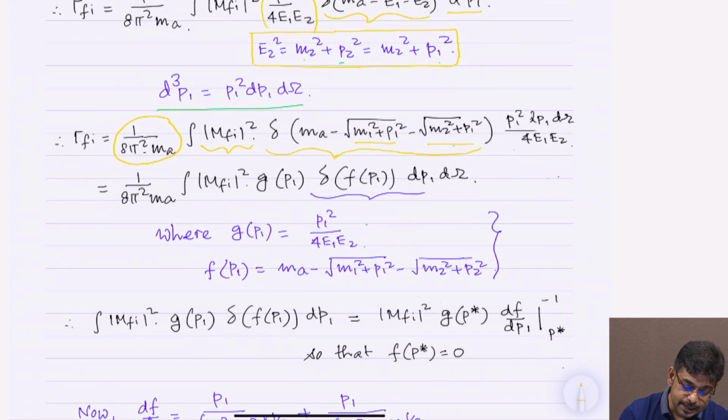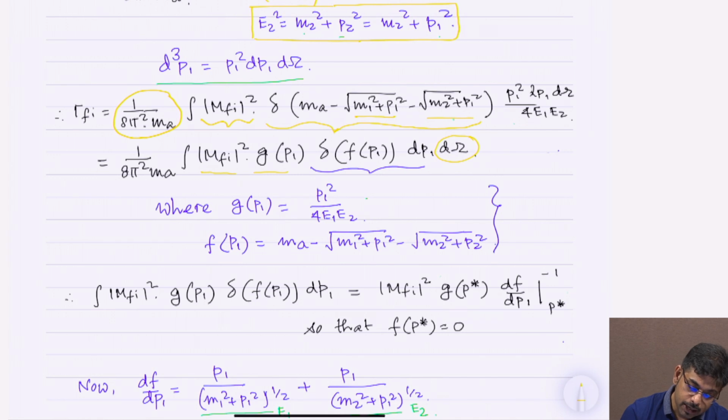So, I can say that this expression looks like |M_a→φ|² times the integral of g(p1) δ(f(p1)) dp1 dΩ, where g(p1) is these other factors, p1²/(4E1E2).